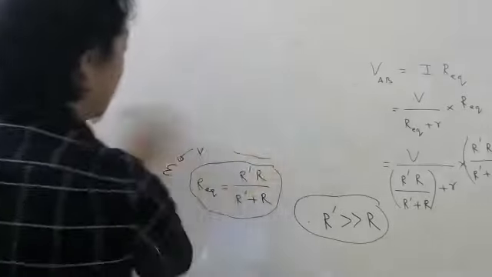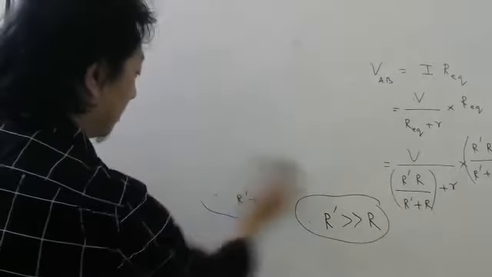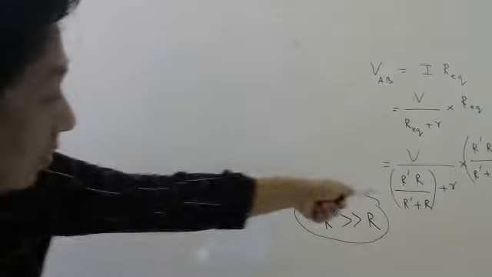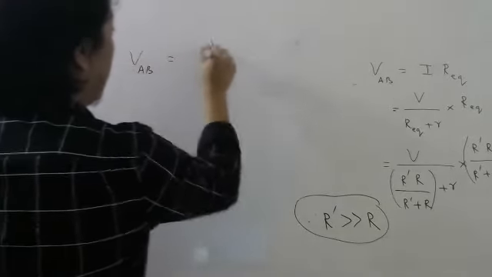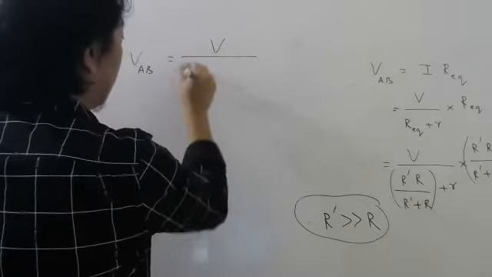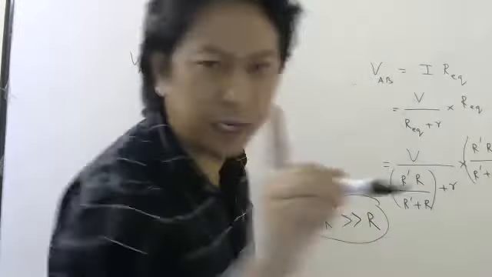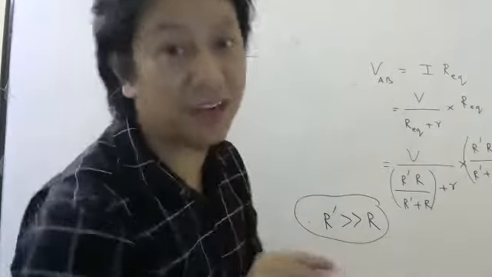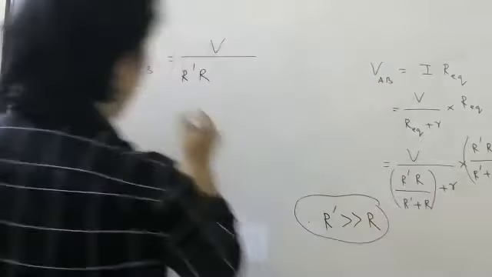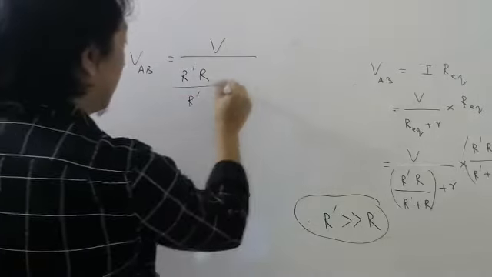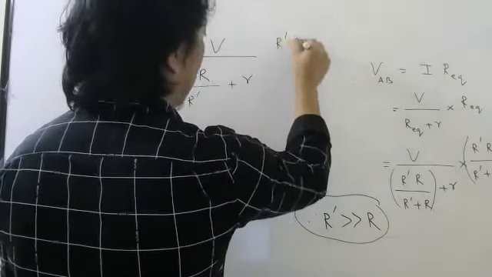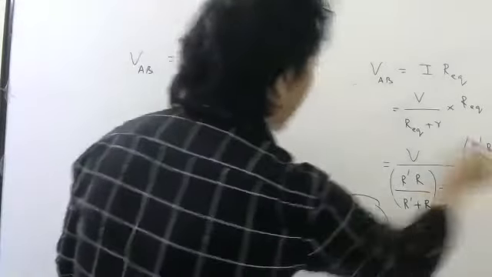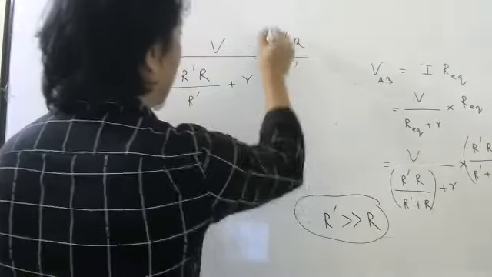So this formula can be written as V by R dash into R. While multiplying, you cannot neglect. While adding or subtracting, R dash into R divided by this, I can simply write R dash plus R. And here I can write R dash into R by, and this I can write simply R dash.